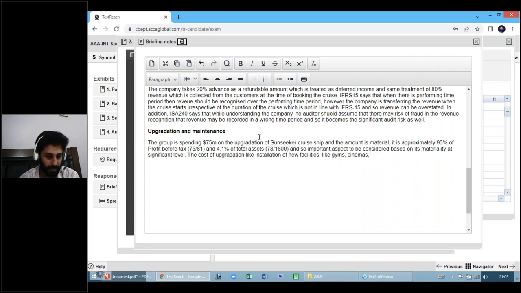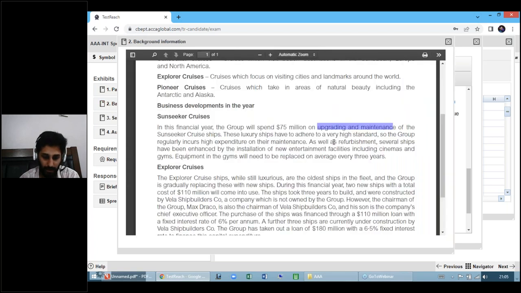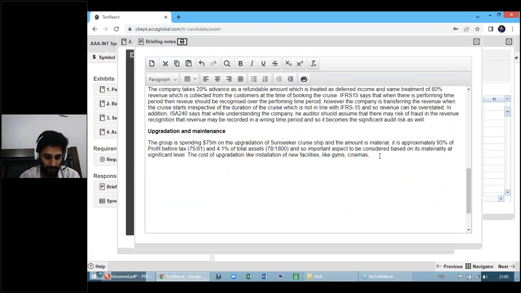I should write refurbishment should be capitalized, and the amounts of maintenance should be expensed out. You should write the correct accounting treatment.